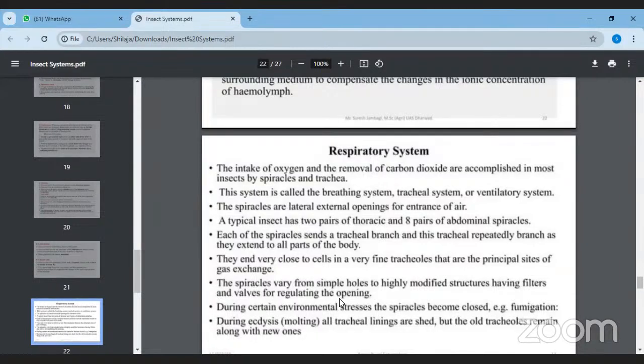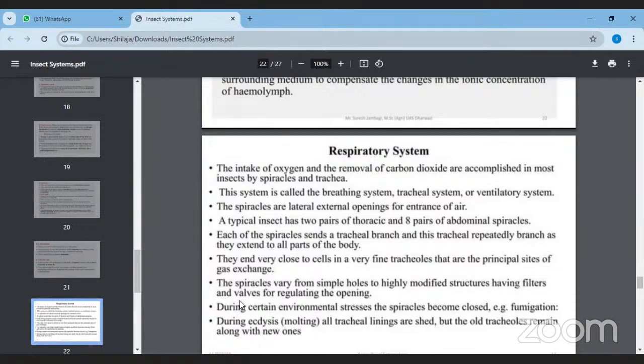The intima layer plays an important role in keeping the trachea open. The spiracles vary from simple holes to highly modified structures having filters and valves for regulating the opening.